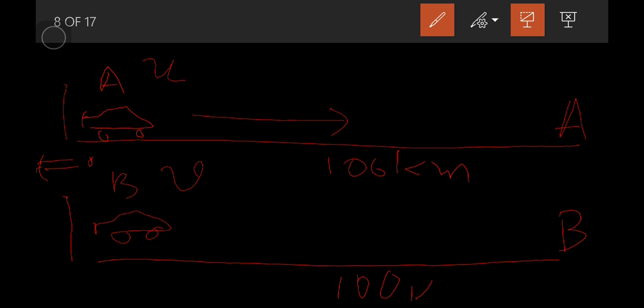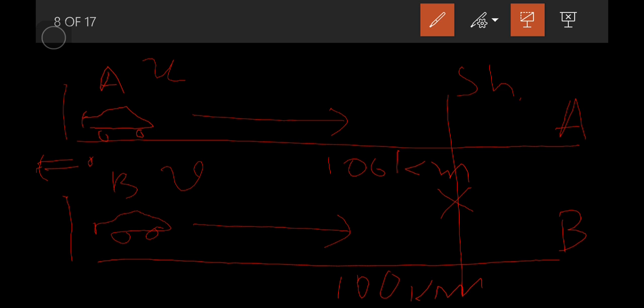If both cars go in the same direction, they meet after 5 hours, at the same point.